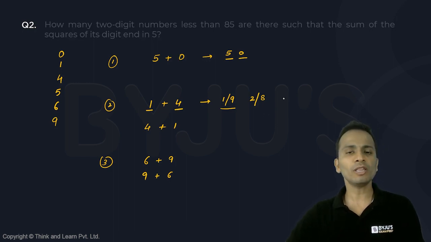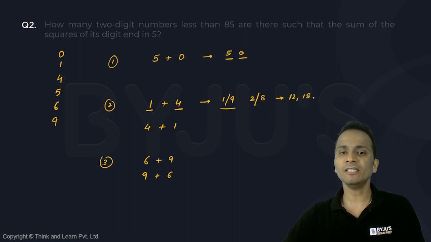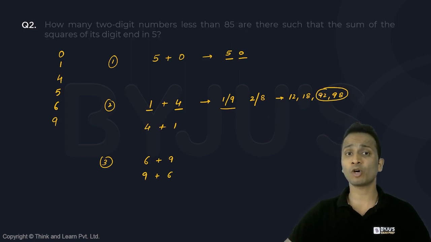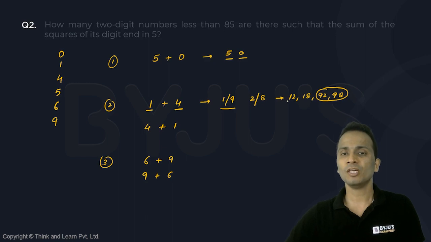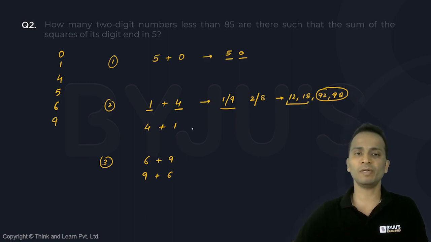Okay, now what all numbers can I form using these? So the numbers can be 12, 18, 92, 98. Now, out of this, 92 and 98 will be rejected because they are greater than 85. I want my number to be less than 85. Okay. So, from here, I can pick up two possibilities.